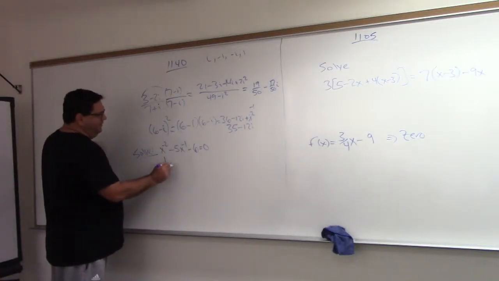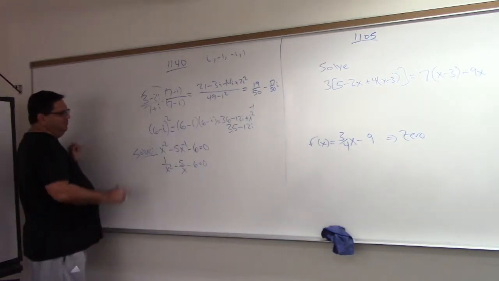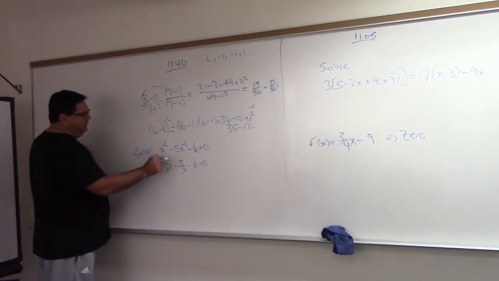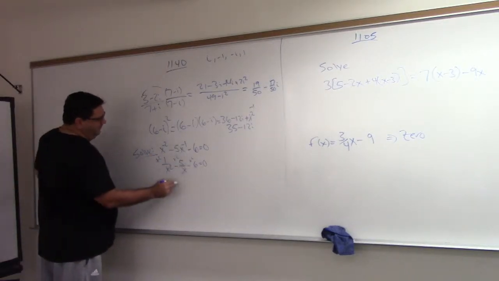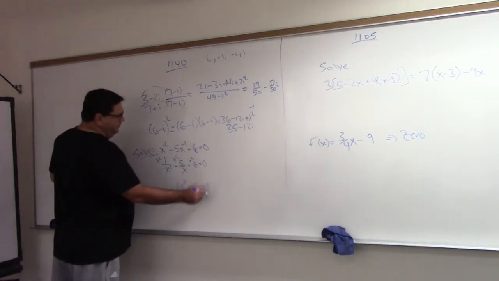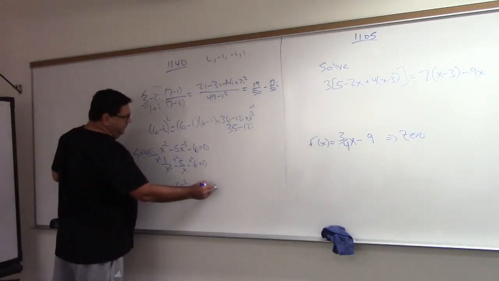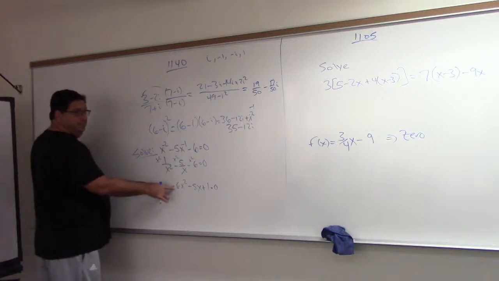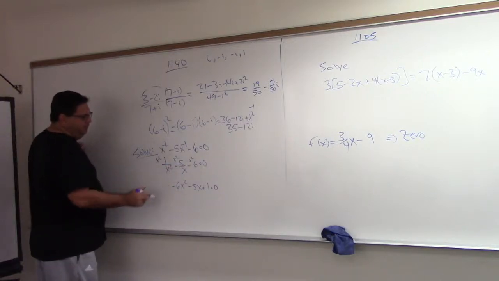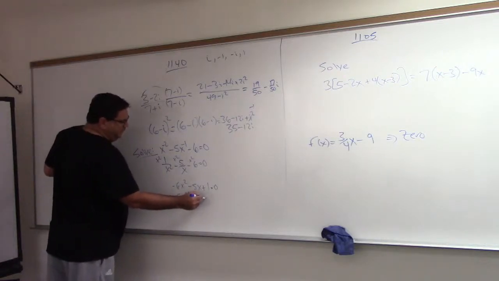1 over x squared minus 5 over x minus 6 is equal to 0. We are multiplying through by x squared, so we're getting negative 6x squared minus 5x plus 1 is equal to 0. I don't like that leading coefficient being negative, so I'm going to multiply through by a negative to get rid of that. 6x squared plus 5x minus 1 is equal to 0.